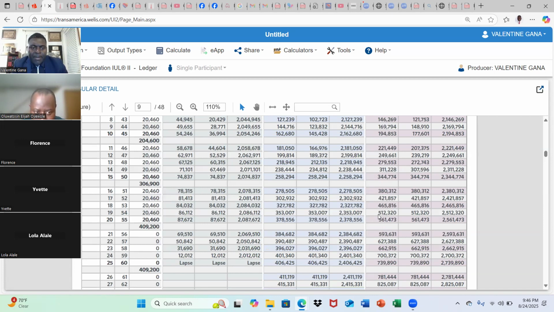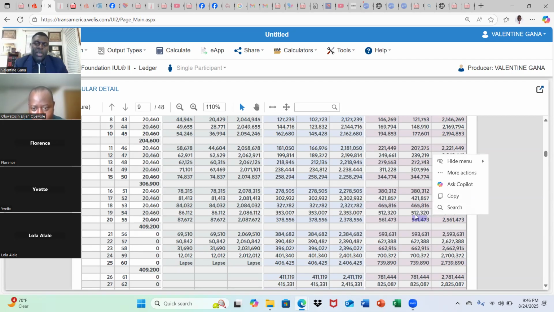See, if you come here, say age 19, the cash value is 512 right here. Age 20, what's the cash value? 561. What's the difference between 561 and 512? That's about 40,000.